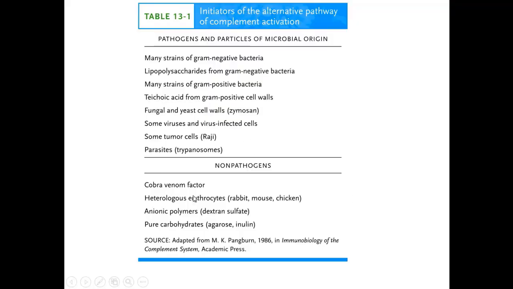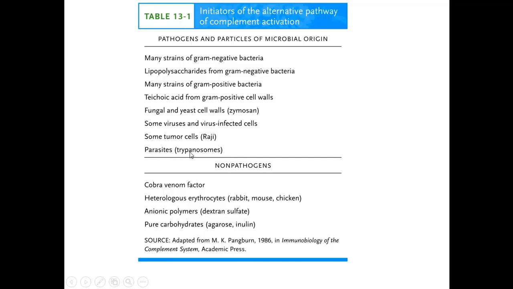Okay, you can see in this table different surfaces or different microorganisms that can activate alternative pathway. As you see here, different gram-positive and gram-negative bacteria, and also fungal, yeast cell walls, and viruses, and tumor cells, parasites.